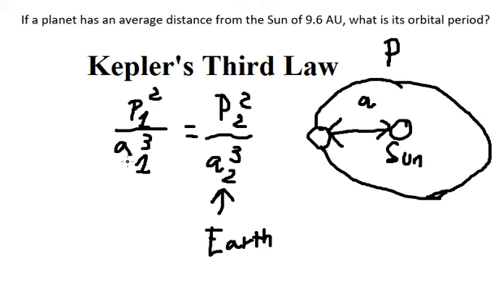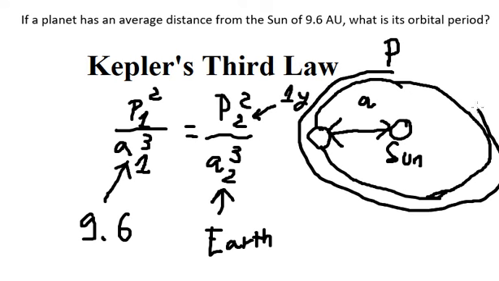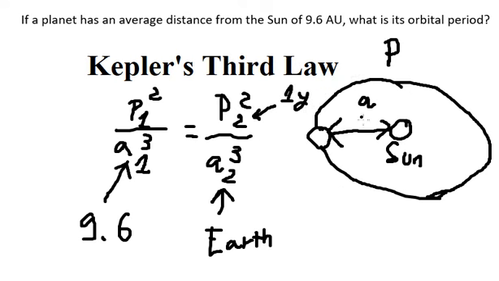So we put 9.6 in here. For the Earth, we need 1 year to finish the period in here. And the distance from the Earth to the sun is 1 AU.